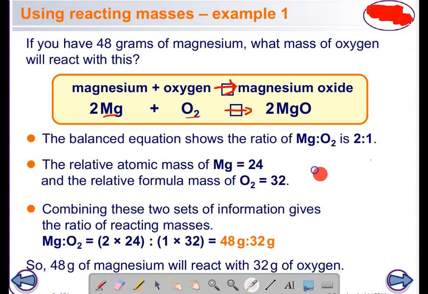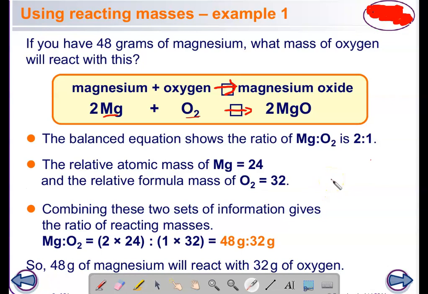So here, if you divide the mass of magnesium, which is 48, by the relative atomic mass of magnesium, 24, you get 2. So the number of moles of magnesium in this reaction is 2. Therefore, the number of moles of oxygen reacting will be 1.